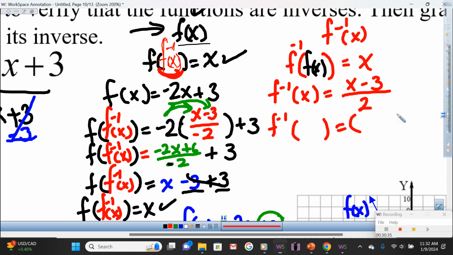Do a big parentheses for x at the numerator, minus 3 over negative 2. But now we're going to write in here f of x. Question, what is f of x? Negative 2x plus 3. So we write that here, negative 2x plus 3.